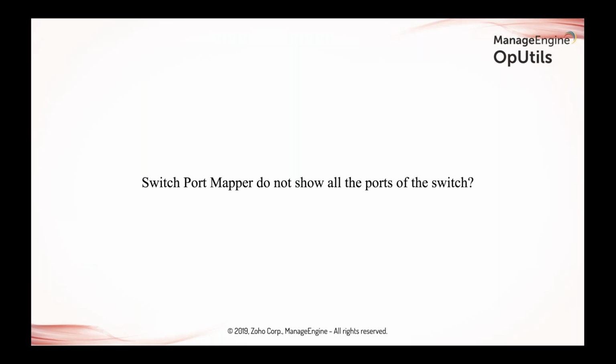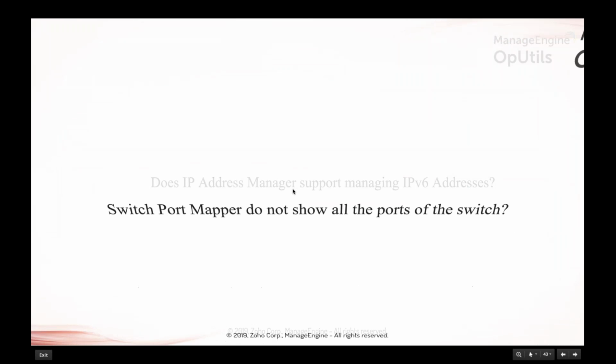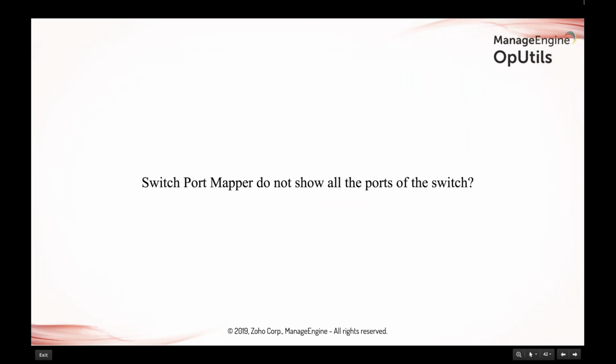And for that, we do have an option to show all the interfaces, show all the ports, irrespective of the number of ports that we get a response from the bridge MIB.